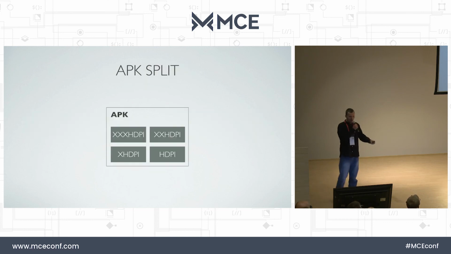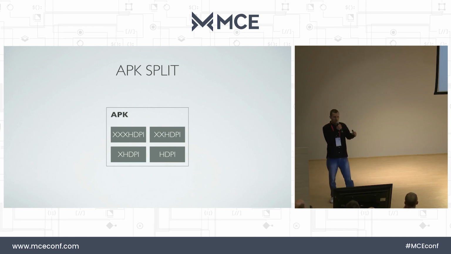So we took a look at APK split, which is something that definitely is a nice follow-up for what we have actually done. As you may know, normally whenever you build an APK, you end up with a single APK file, which consists of different folders for different densities. Or whenever, for instance, you target different architectures and you have some native code inside your APK, there are going to be multiple .so files inside.